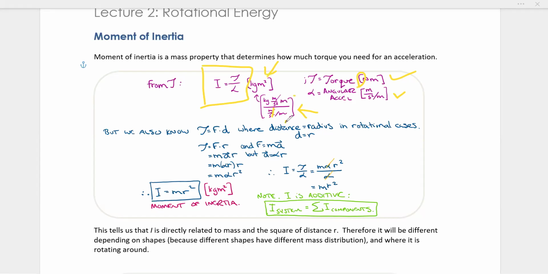So it works out that moment of inertia is mass times how far away that mass is in displacement.